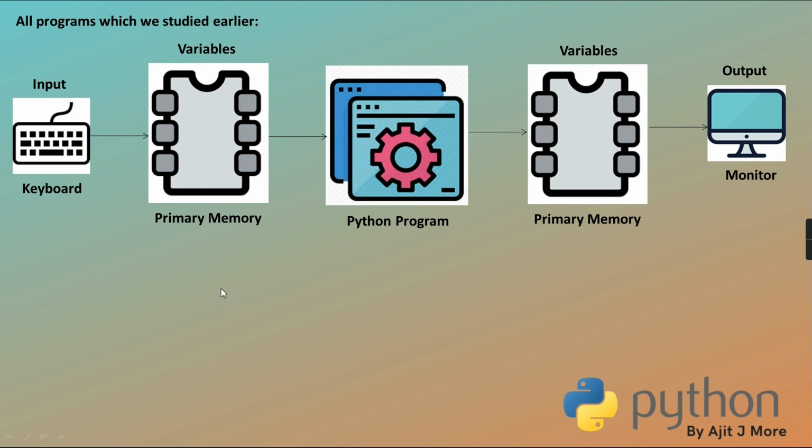On that secondary memory, the information is kept in the form of files, because secondary memory is permanent memory. It is not volatile, it's non-volatile. Means even though the power is off, the information is not lost, it is preserved, and whenever you want in the future you can recall it.